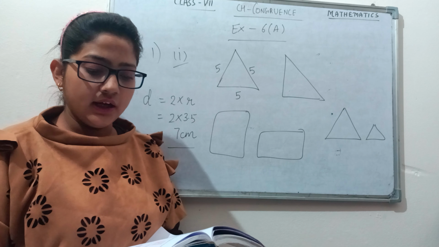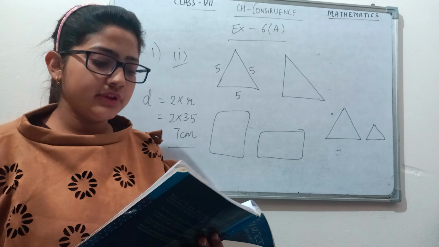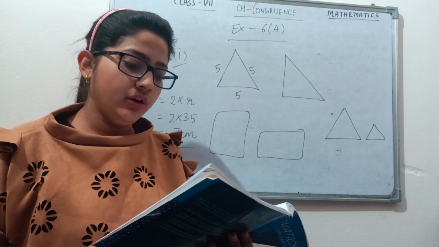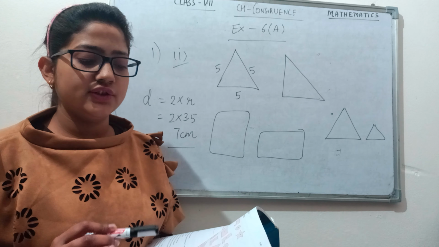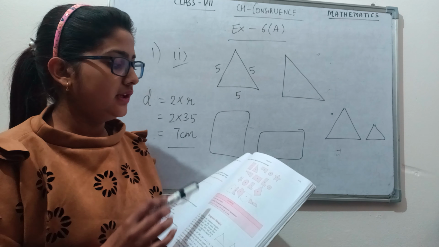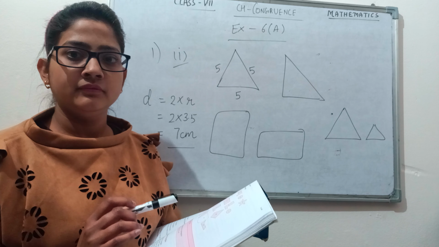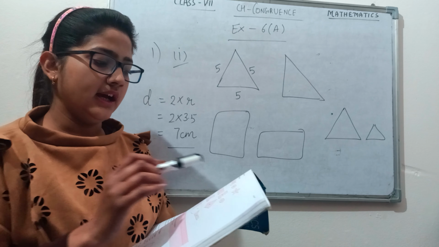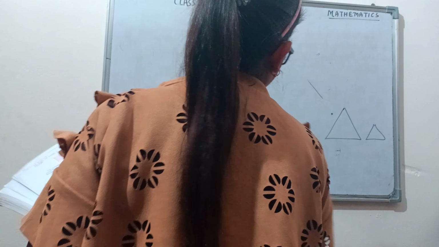Next is the third question, match the congruent figures. Now you can see, match the congruent figures. It means you have to see from these figures which are congruent. So in your book you can see A and G figures are congruent.